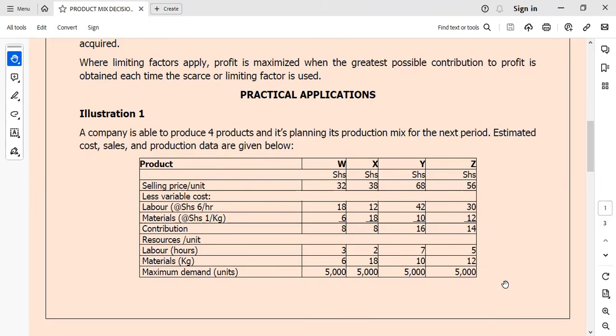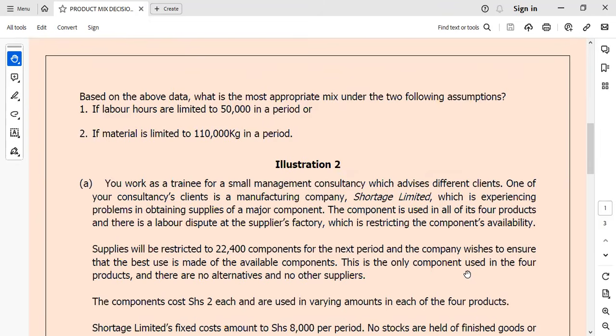What are we required to do in this case? Based on the above data, what is the most appropriate mix under the following 2 assumptions? If labor hours are limited to 50,000 hours in the period, or if material is limited to 110,000 kilograms in a period. So here we have 2 scenarios, and under each assumption, you're required to come up with the most appropriate mix.